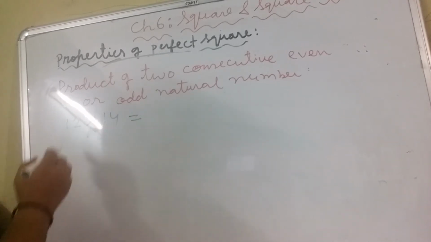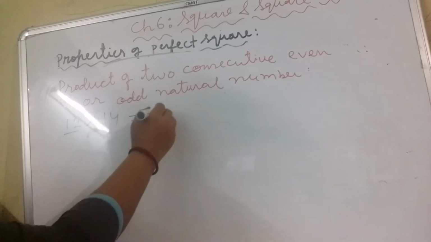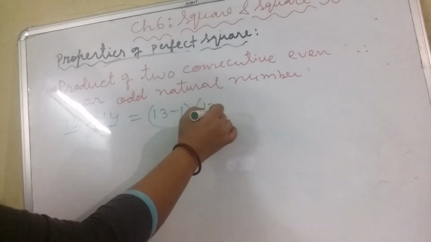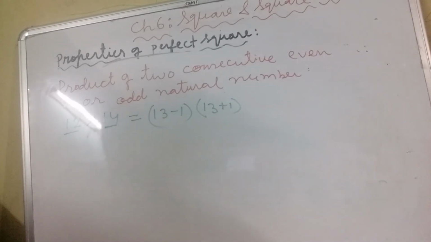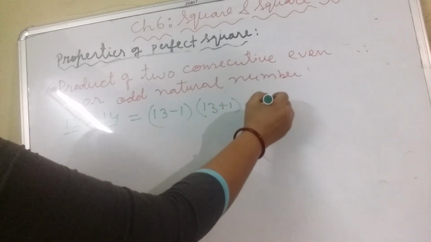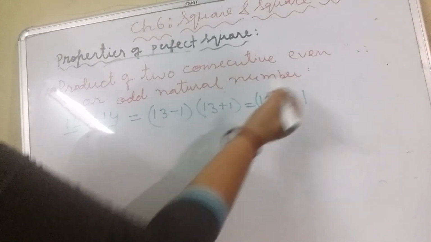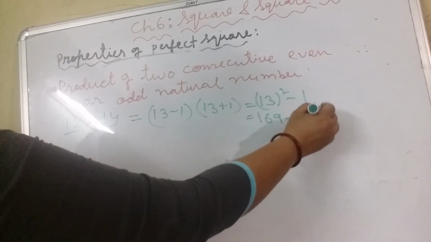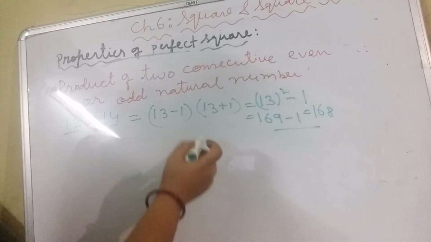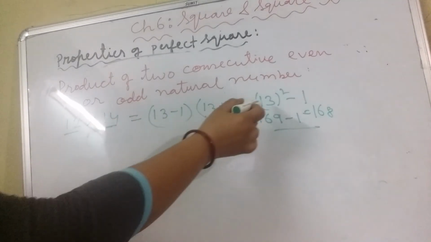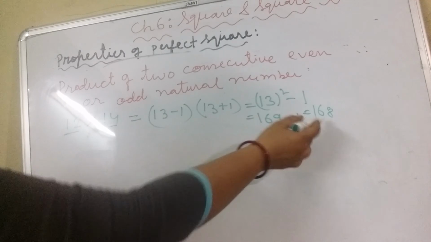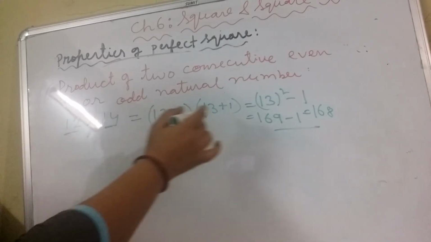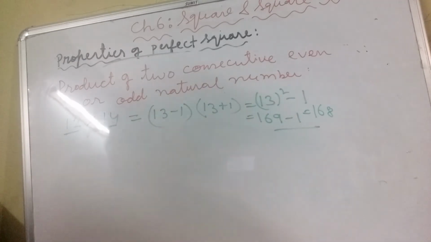How can you find it? 12 can be written as 13 minus 1 and 14 can be written as 13 plus 1. So it equals 13 square minus 1. 13 square is 169, minus 1, it is 168. If you know the square of 13, you can easily find the product of 12 and 14. You don't have to do the multiplication.